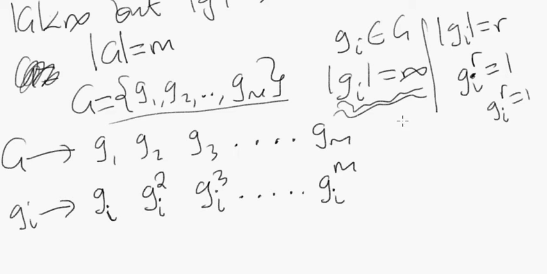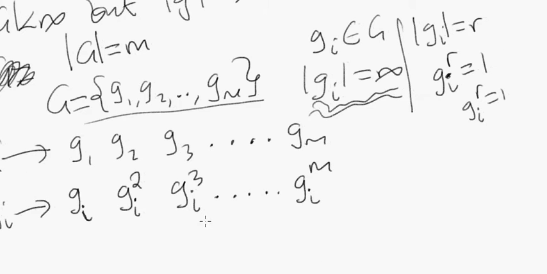If that's what it's telling us, if there's no natural number r for which g sub I raised to the power of r equals 1, then okay, can any of these values here be 1?